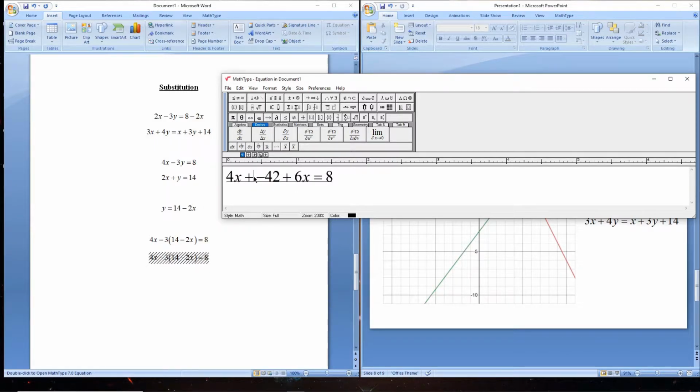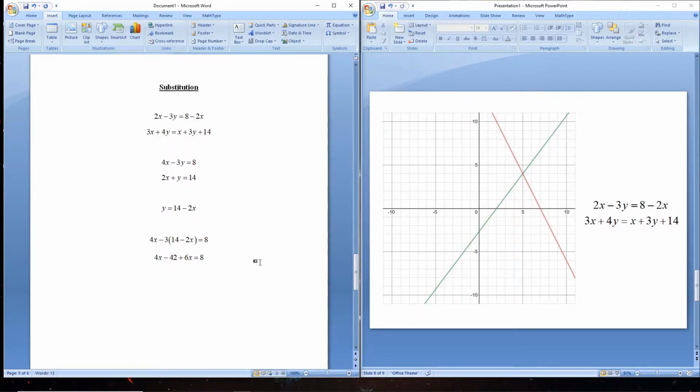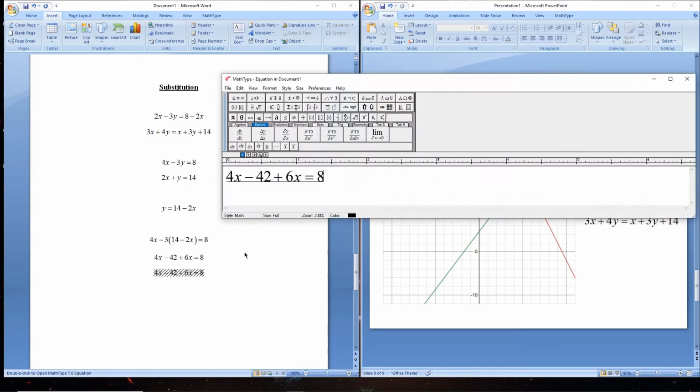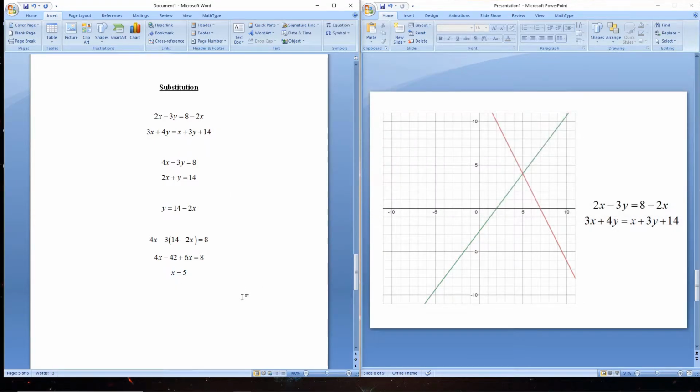And plus minus is a minus. And then we'll gather like terms. So we'd have a 4x and a 6x, which is 10x. And then we'll add 42 to both sides. So we'll get a 50 on the right side. And then divide both sides by 10. And so we have our answer for x, that it equals 5.